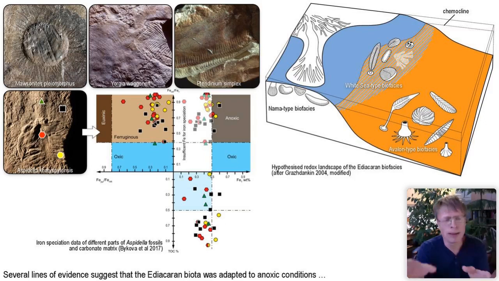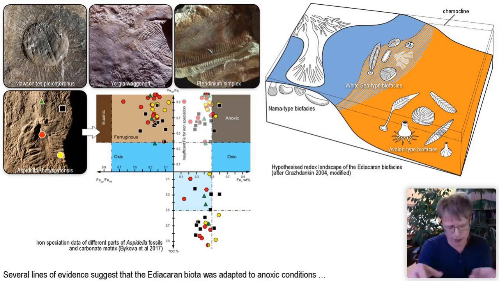Why would Dickinsonia and Georgia leave the trackways on the microbial mats if not for feeding on anoxic sediment underneath the mat? Why would Nama-type organisms go underground if they were not adapted to live in anoxic sediment?